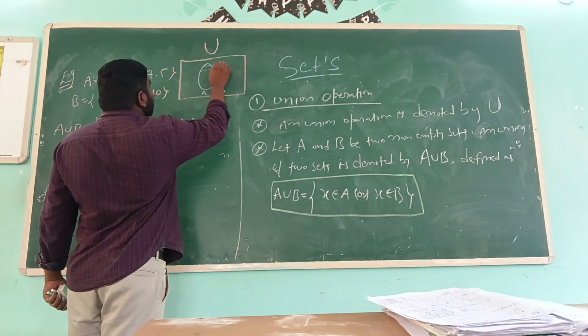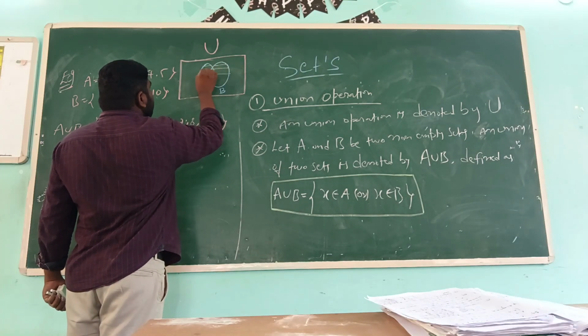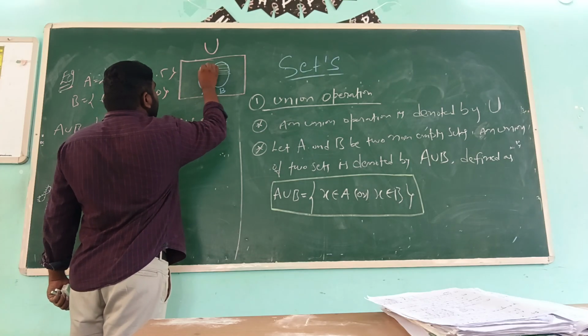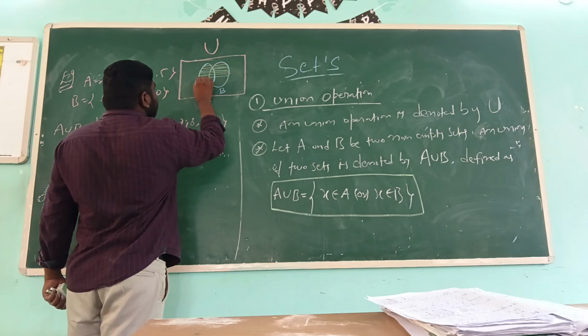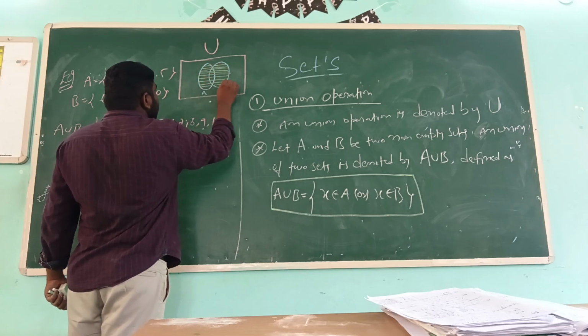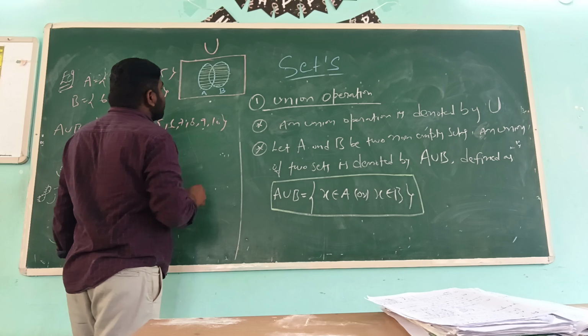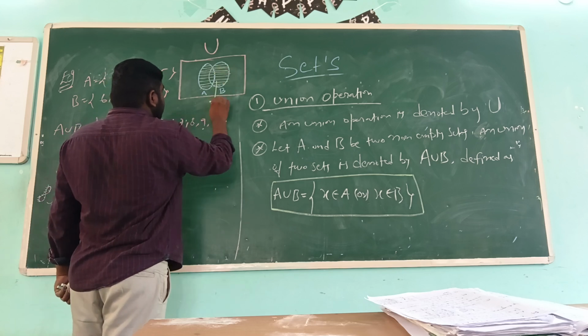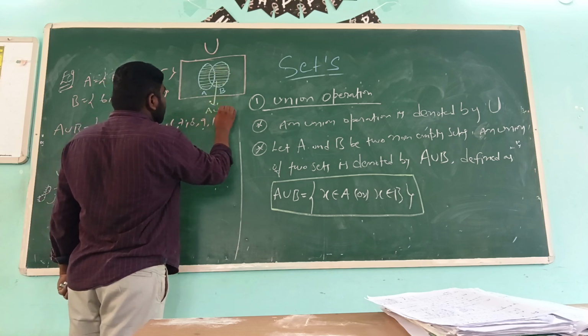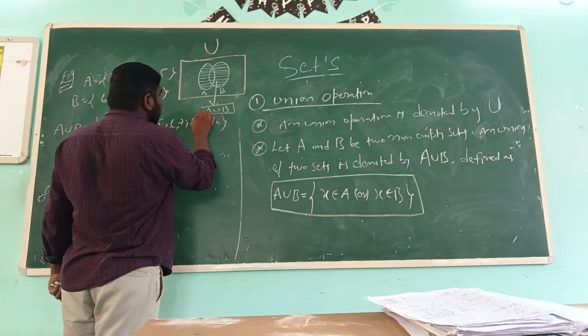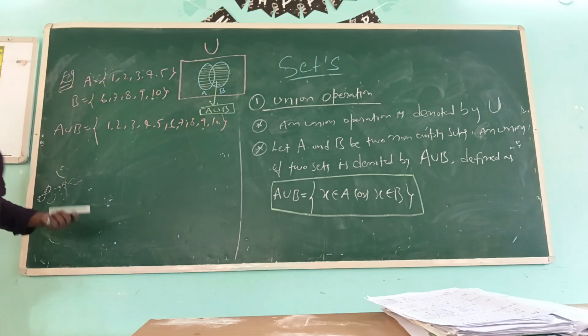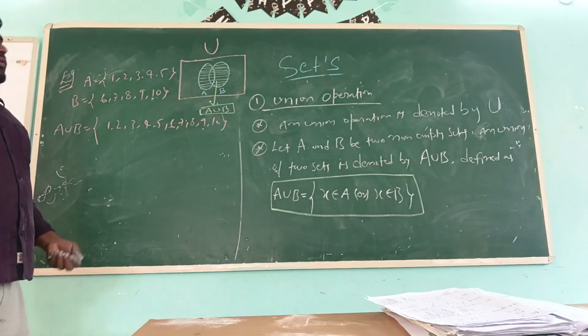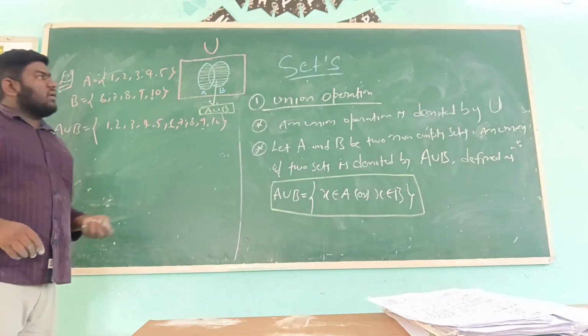See the shaded region, if you observe. This is the total, this is A union B. Diagrammatically, union can be represented like this.